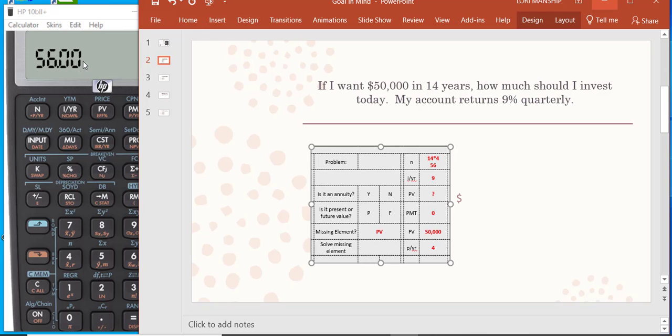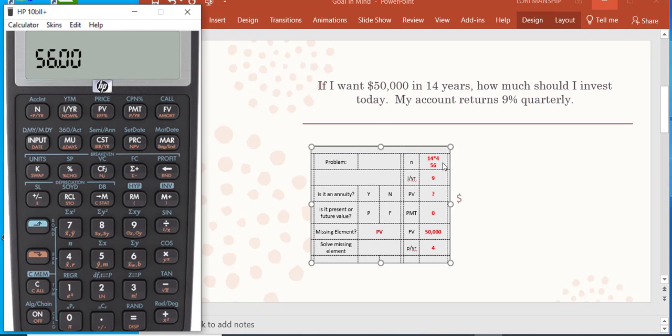So now let's go ahead and plug in our numbers, starting at the top and working our way down through our chart. So 56 is our N. We have 9 for I/YR.